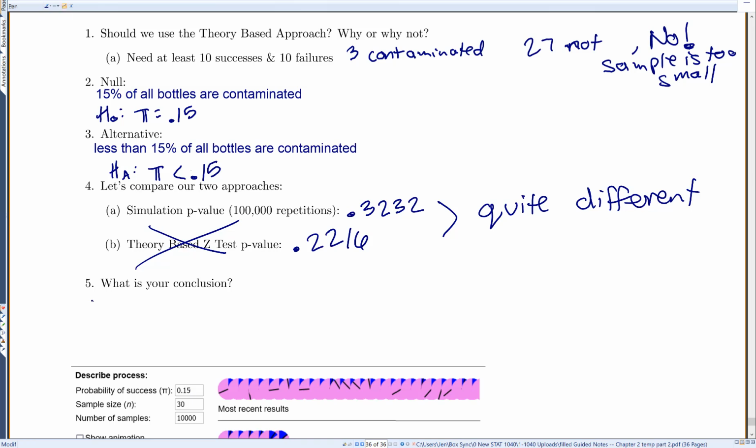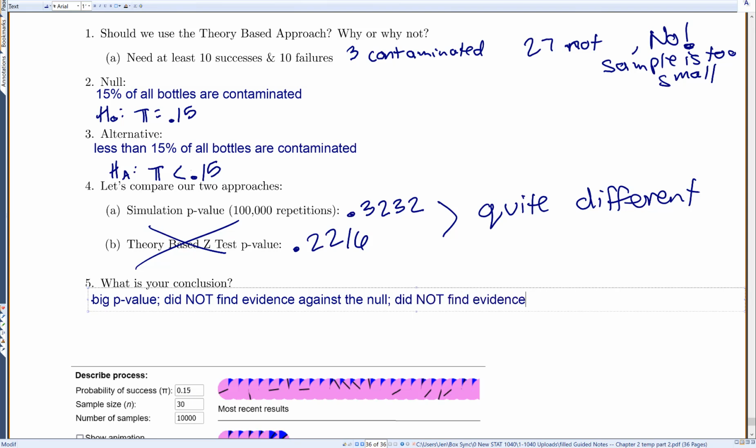For conclusion though, what would we tell our boss? Well, we would say that this was a big p-value. It's bigger than 0.05. We would say we did not find evidence against the null, which means we did not find evidence for the alternative.